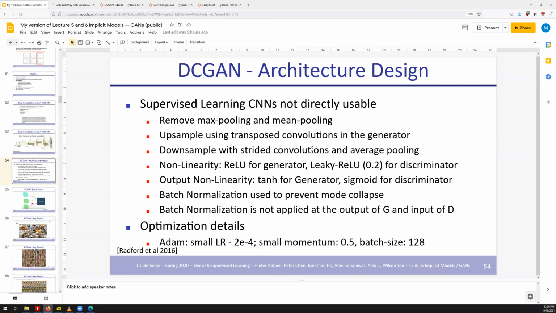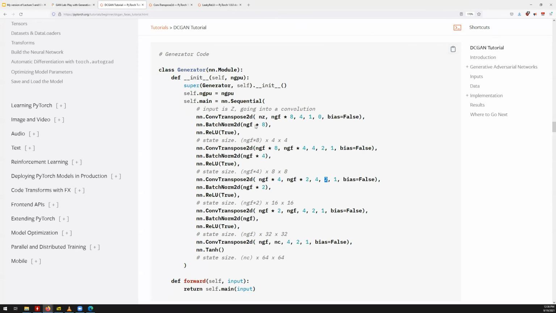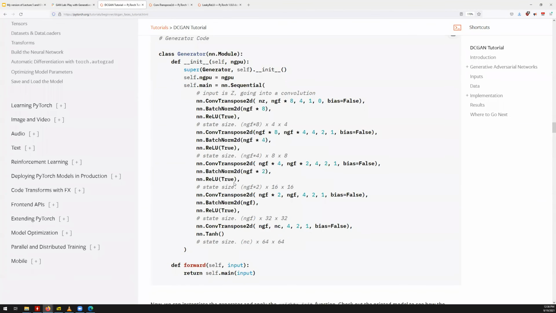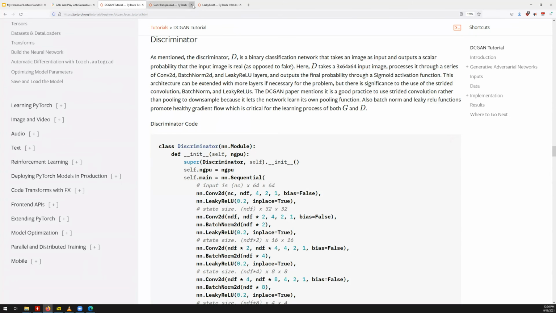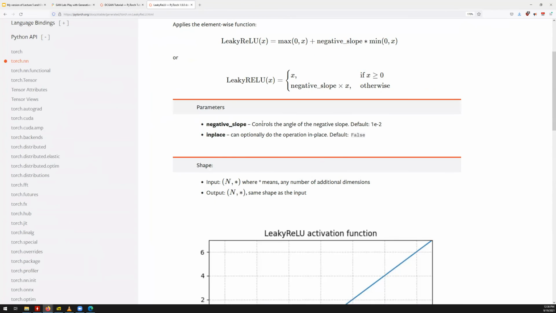Okay. The other thing is they use leaky ReLU for the discriminator and ReLU for the generator. So here we go: this is ReLU for the generator, and the discriminator has the leaky ReLU. So what is leaky ReLU?